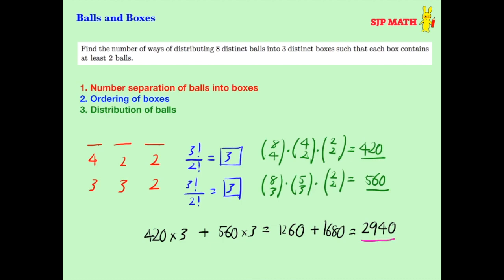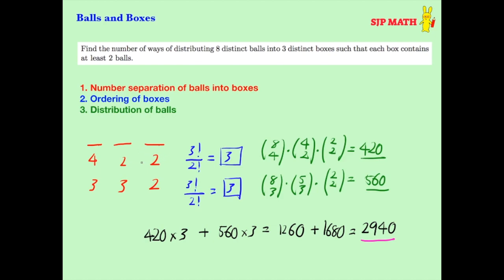So there you go, we just solved this problem. To summarize, for these kinds of problems where you distribute distinct balls into distinct boxes, in the first step you assume that the balls are identical and the boxes are identical, and just separate the balls into those boxes numerically.